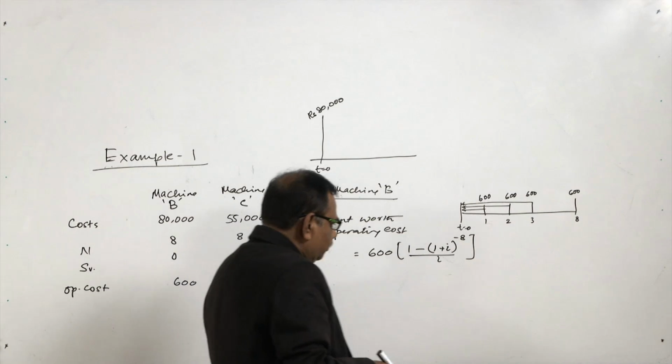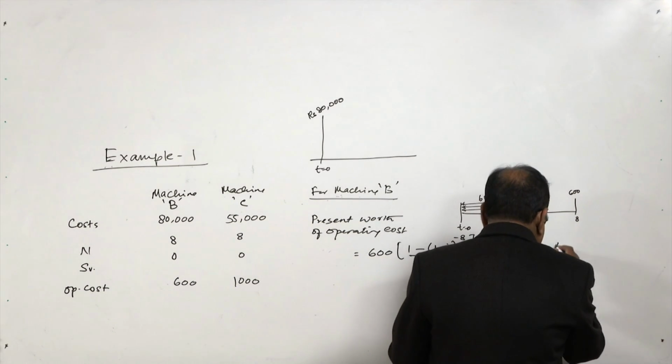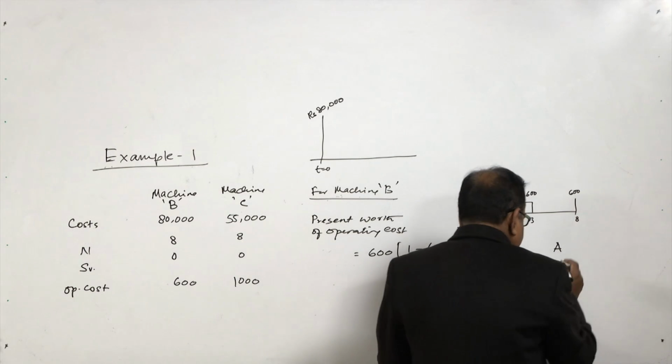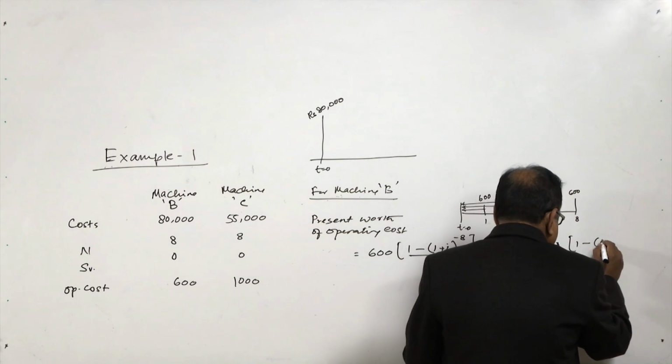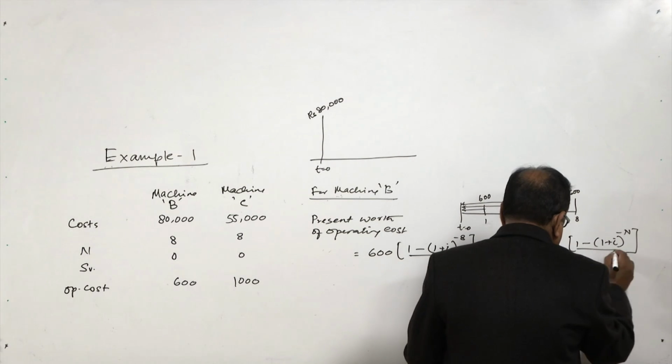And this is the formula we have used. I had already told you this formula is derived from here, A into 1 minus (1 plus i) to the power minus n divided by i.